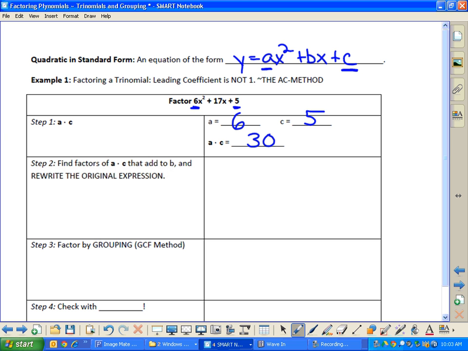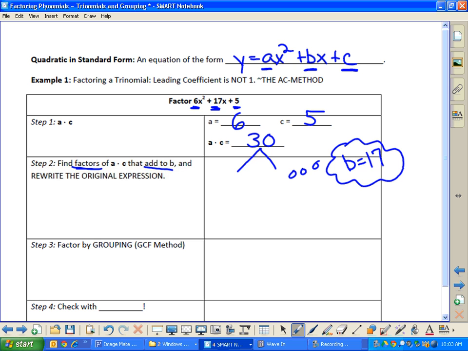Things that multiply to give me 30 are factors of 30 that would add to my B value. So now I have to think to myself, well, what's B? B in this problem, B is always your coefficient of your x value. So B in this problem is 17.